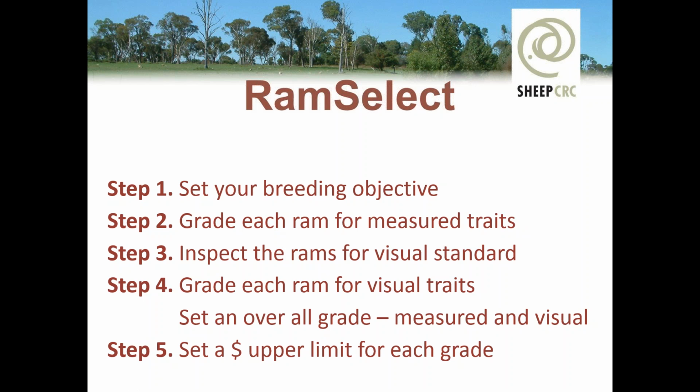And I'm going to talk as if we're going to an auction sale, but it works equally as well if you're buying rams private treaty. Then step 3 is looking at the group of rams visually overall. Then 4 is to grade them on the visual traits that are important to you. And then the final thing is to set a price for the grades as you see them.